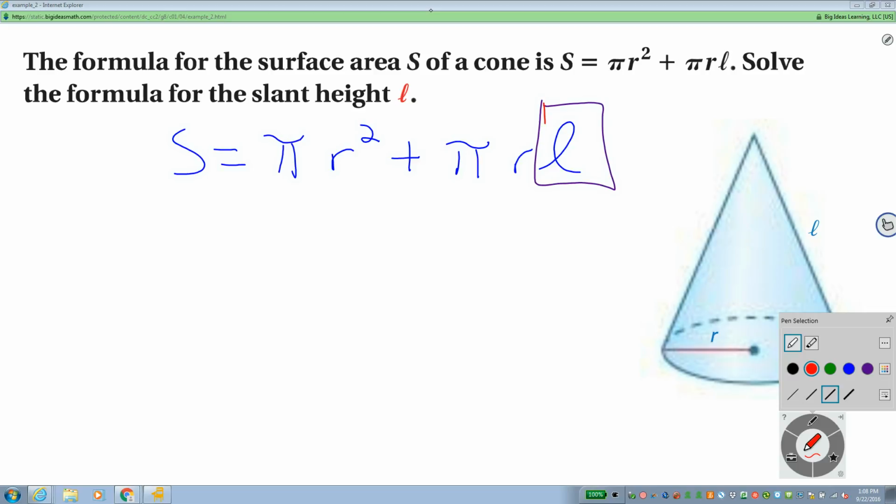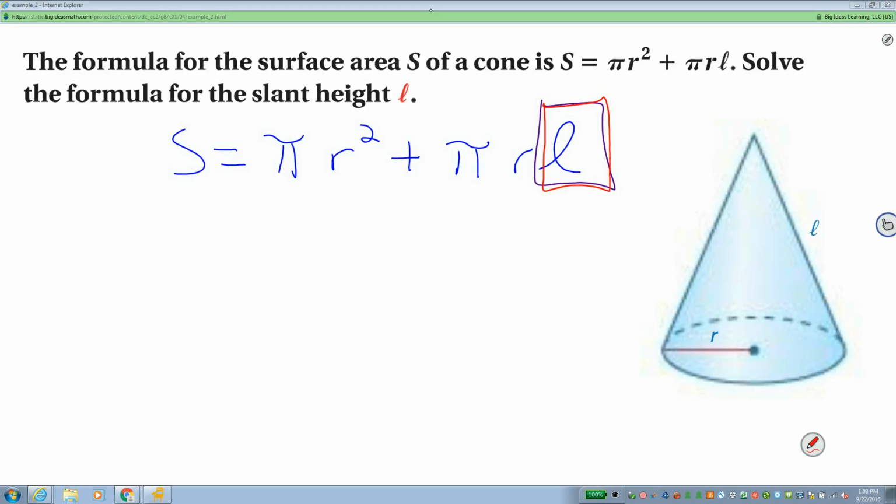It's probably better if we do it in red. Okay? So we want to get L by itself. Now, the thing that a lot of students are looking at here, they see all these different symbols or variables, and it kind of gets overwhelming. Now, when we look at this, we have pi times r squared. Think of that as one thing that we're going to move together because they're being multiplied by each other anyways.